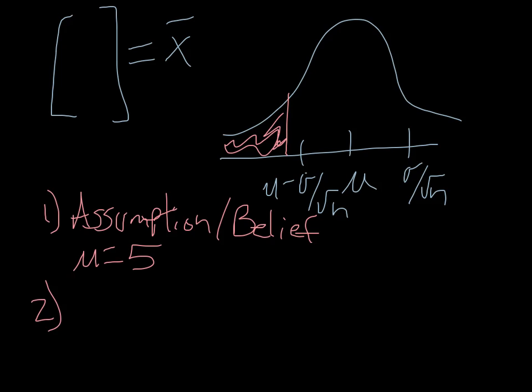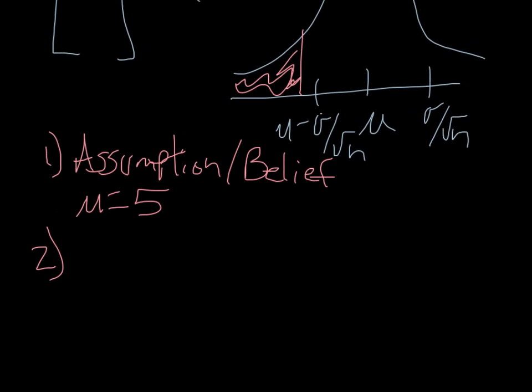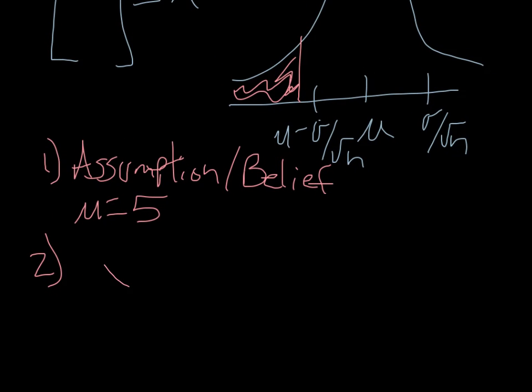That's what I believe about the population, but I don't have enough pieces of information. I don't have the ability to check the entire population. So I take a sample and calculate the actual sample mean. The sample mean turns out to be 4.6, and it's based on a sample of size n.